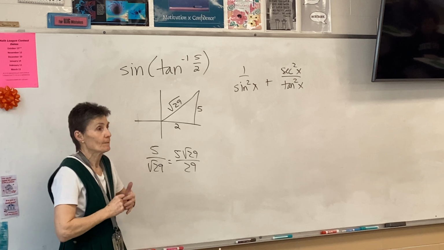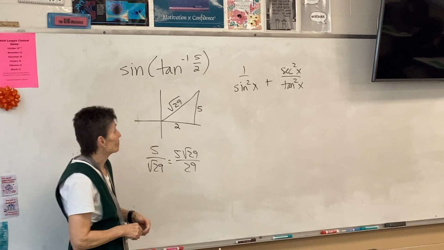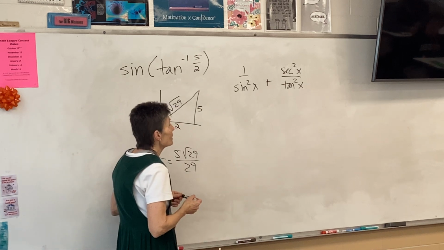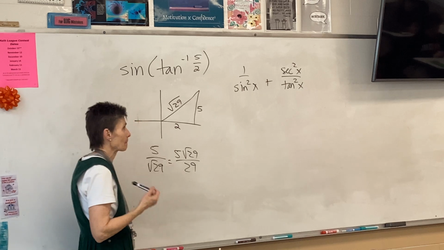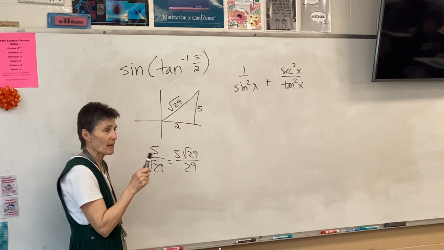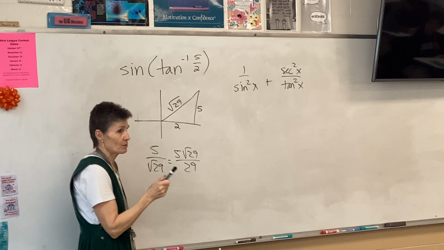What do you want to do here? Secant squared is 1 plus tan. You are correct. So again, someone asked about this earlier. This is like proving in geometry.